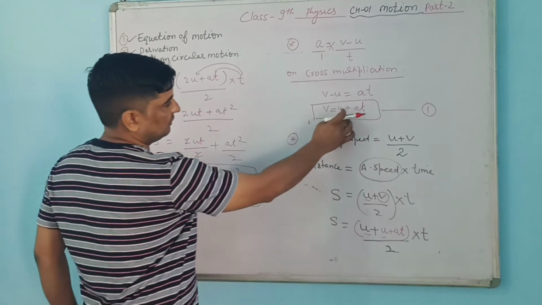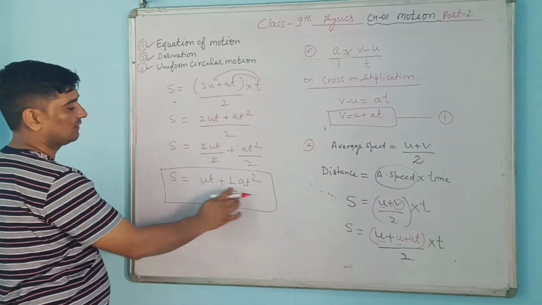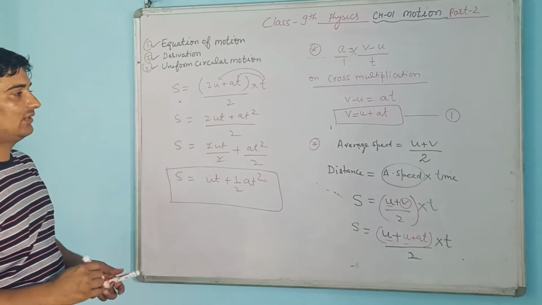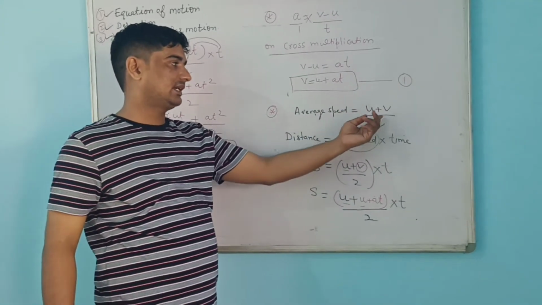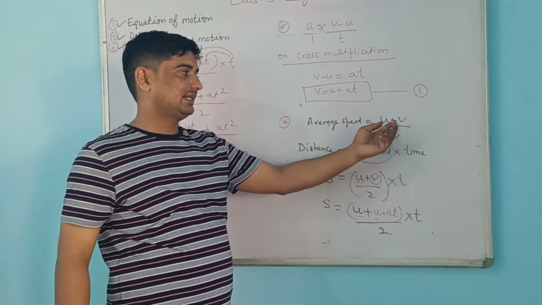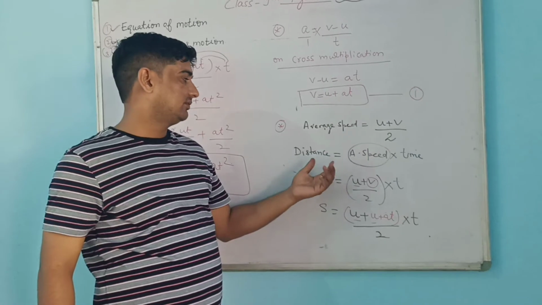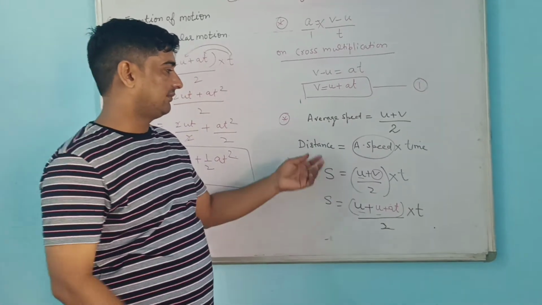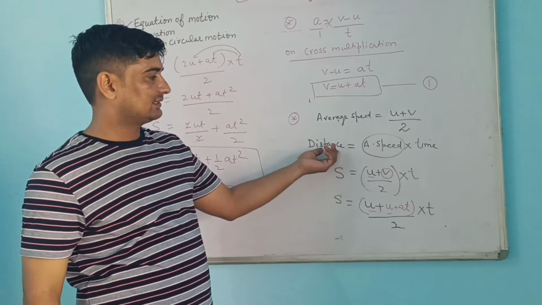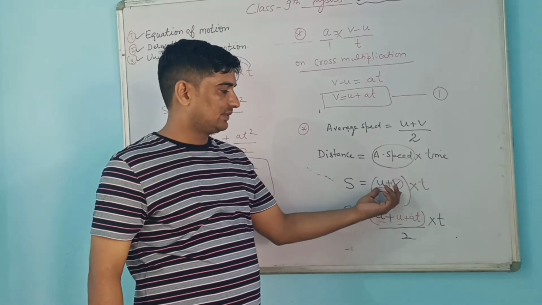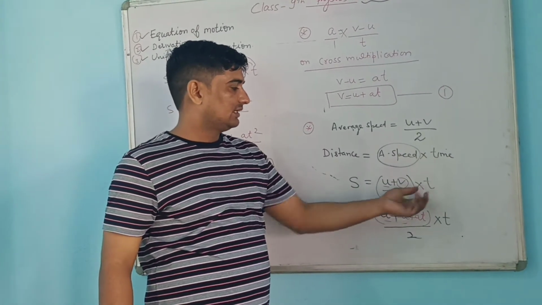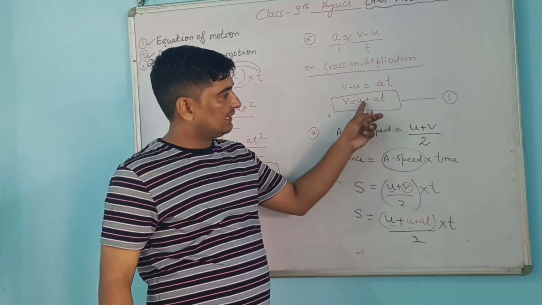First is v = u + at. Second is s = ut + half at square. How have we calculated it? Once again, average speed I know is u plus v divided by 2, where u is the initial speed and v is the final speed. The distance formula we have already taken from the DST triangle: distance is speed into time, that is average speed into time. So average speed is u plus v by 2, into t. In place of v I can write u plus at.